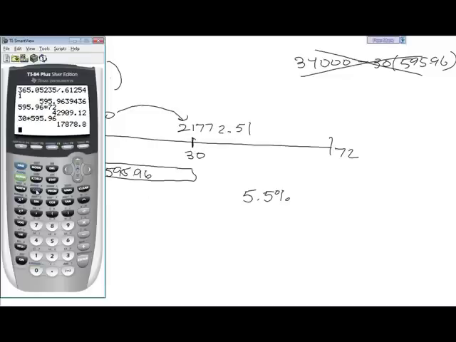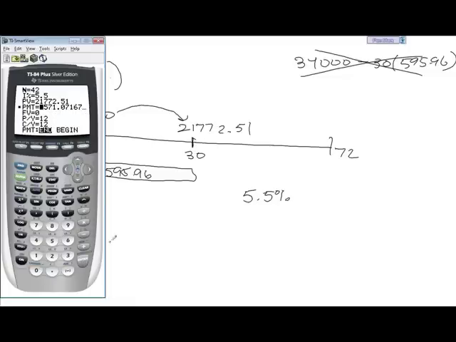Okay, so now what we'll do is we'll just say, all right, let's pretend like this is a brand new loan. We have 42 months in the term. That's from 30 to 72. 5.5% interest. Now our balance is 21,772.51. We're going to calculate the payment, and yes, we still want the balance to be 0 after the remaining 42 months.